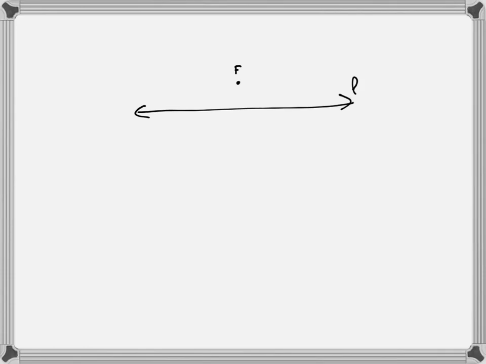Let's try to draw a picture here. First, let's think about the point that's right in between. So let's say this point right here. Clearly this point has the same distance from the point F and the line L, right? So that point must lie on the parabola, and in fact that's called the vertex.